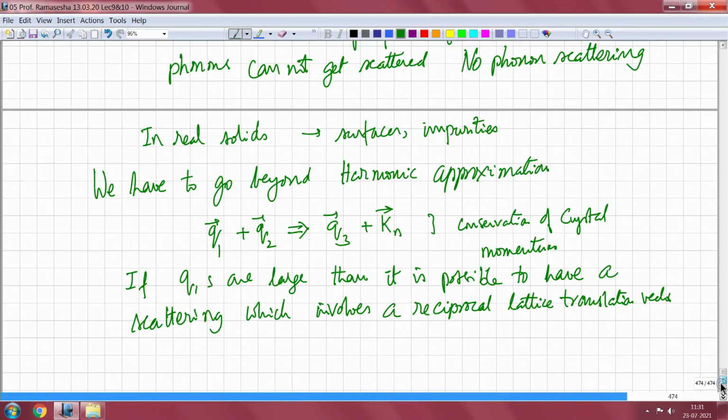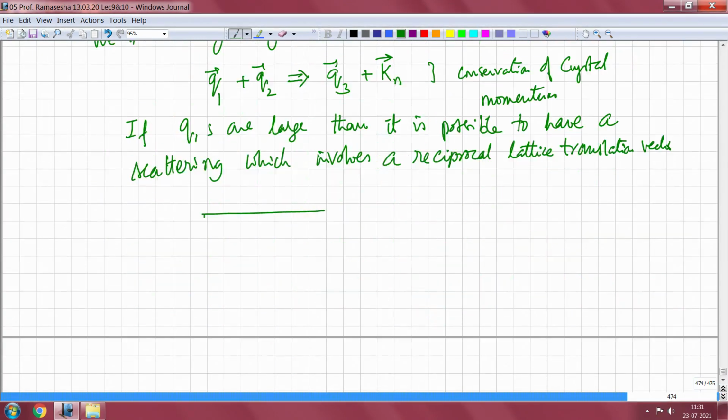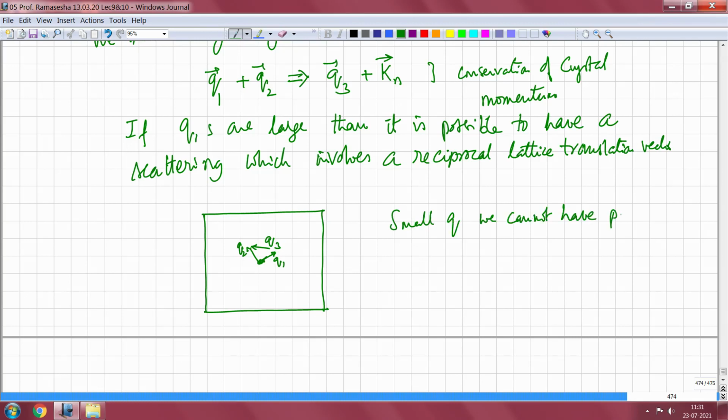So what I am saying is, if I am looking at the Brillouin zone, this is the center. So I have a q1 here and a q2 here, then q1 plus q2 will only be this one, q3. So for small q, we cannot have participation of a reciprocal lattice vector.